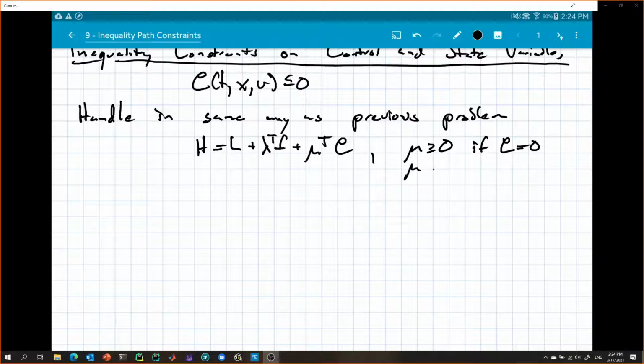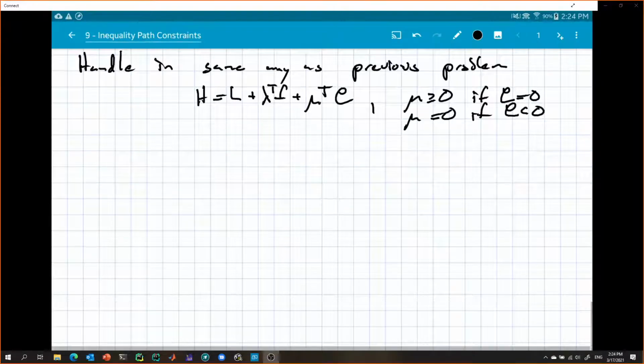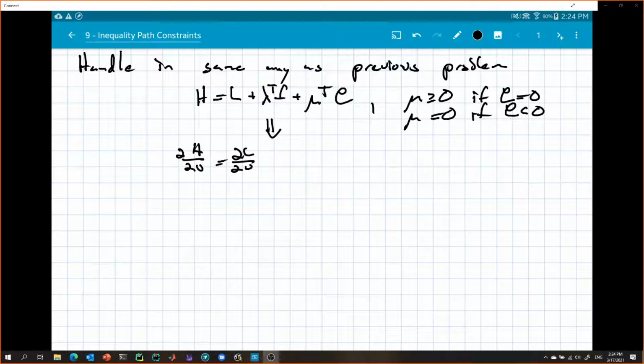Mu is equal to 0 if c is less than 0. So like before, we get our dH/du equal to 0, necessary condition.